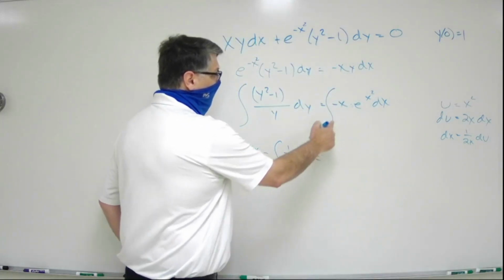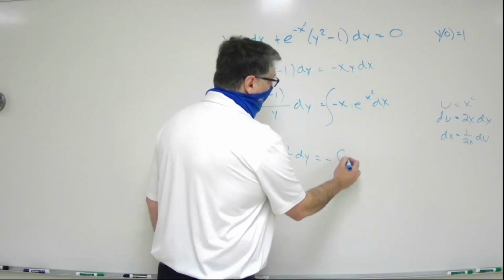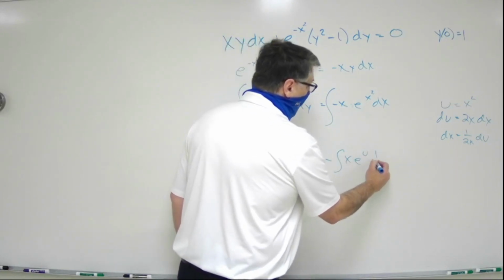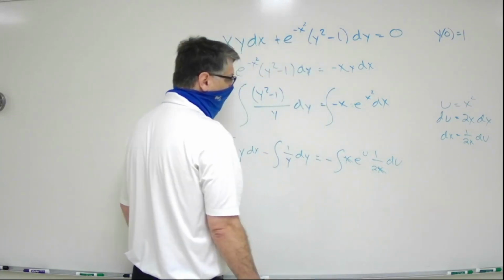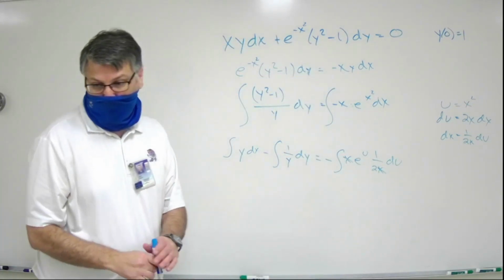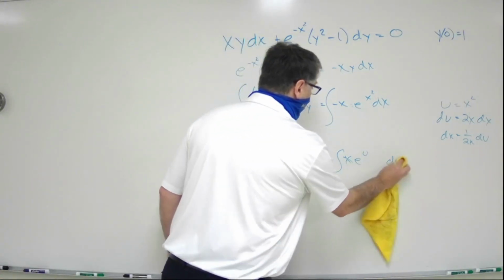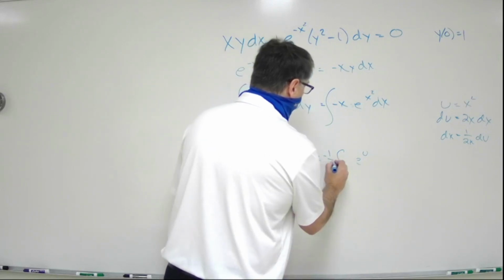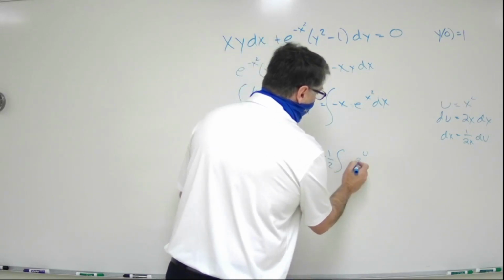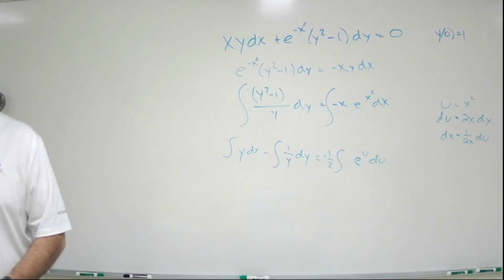So then this really becomes a negative integral of x e to the u 1 over 2x du. These x's go away, so I can erase them, right? And this 1/2 comes in front, so I can clean this up. This becomes negative 1/2 e to the u du. Well, this seems pretty easy to integrate now, doesn't it?